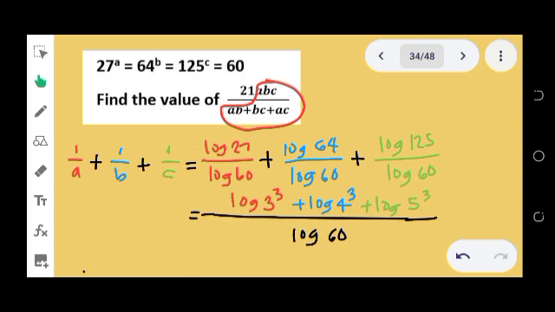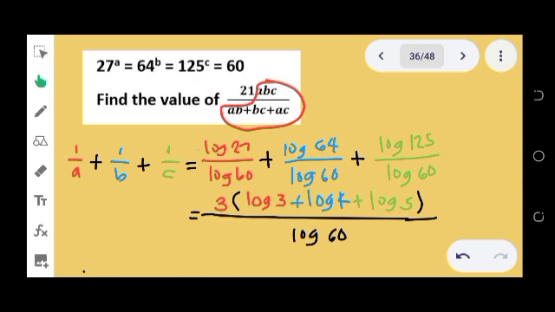Now, since we have exponents, we use the log of a power again. We now have 3 log 3 plus 3 log 4 plus 3 log 5. By this time, as you can see, 3 is a common factor, so we factor that out. We have 3 times the quantity log 3 plus log 4 plus log 5, all over log 60.